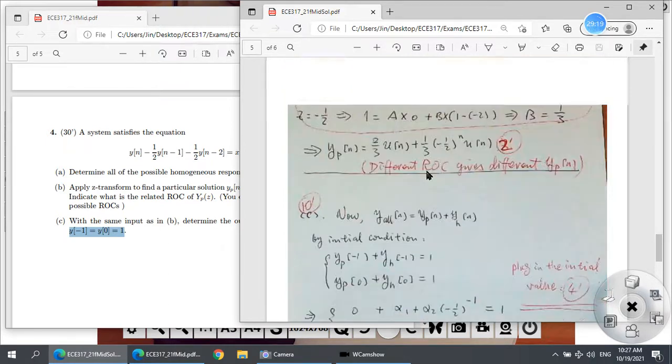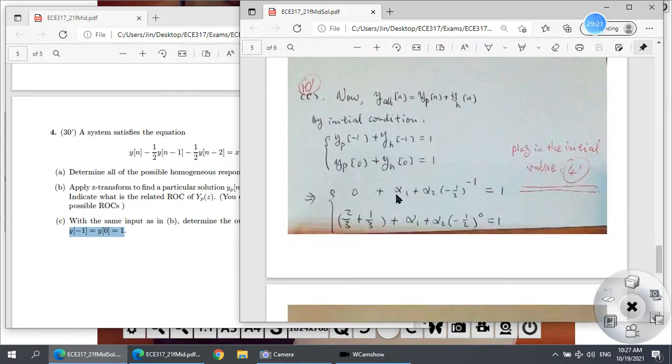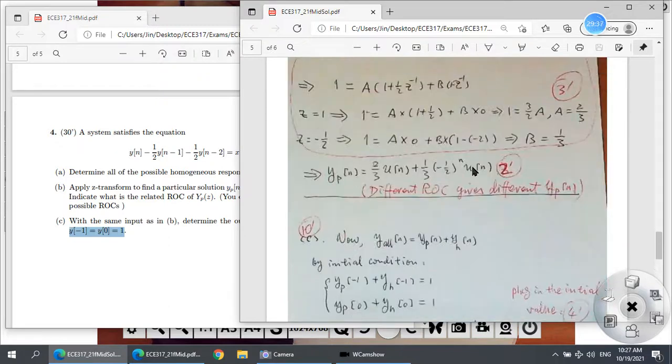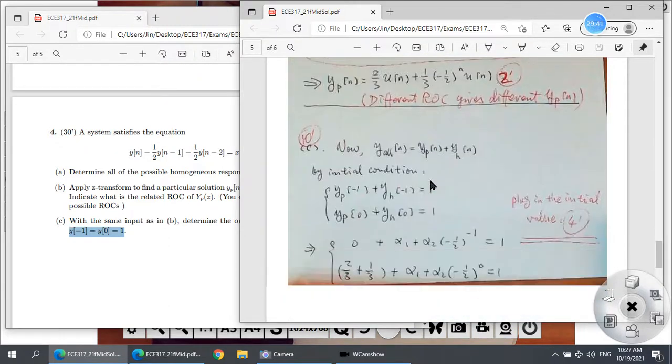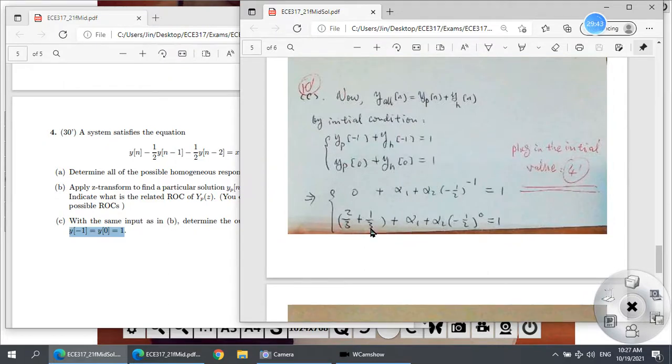And plus yh. yh is alpha 1 plus alpha 2 times negative 1/2 to the power n. Now n is negative 1, so this is the first equation. And the second equation, now n is 0. You plug in 0 here, you get 2/3 plus 1/3, which should be 1.